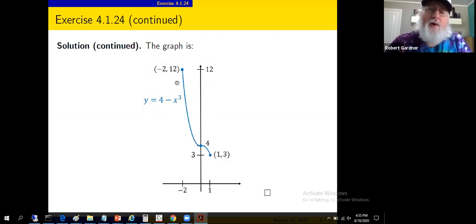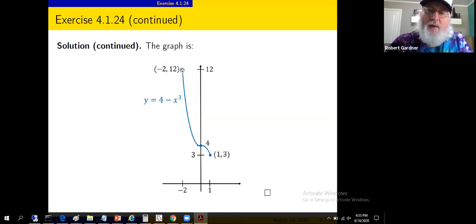How do you know it doesn't wiggle more? How do you know it doesn't go down and then go back up and then go back down and level off? Well, if it did, it'd have more horizontal tangent lines, and the derivative would have told me all about it. So it can't wiggle anymore, or it'd have more critical points, and it doesn't.